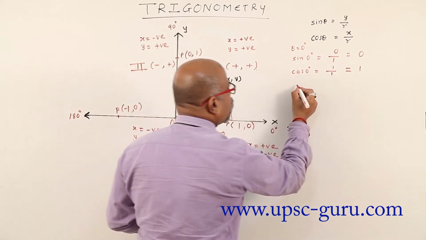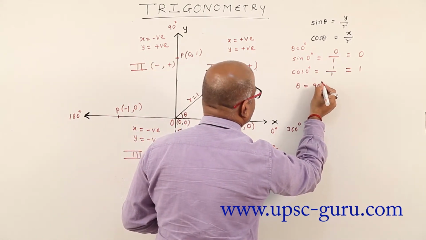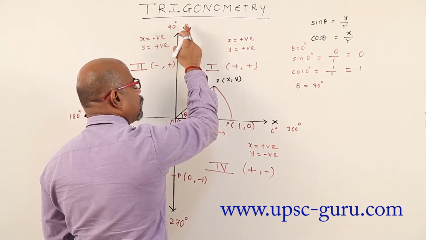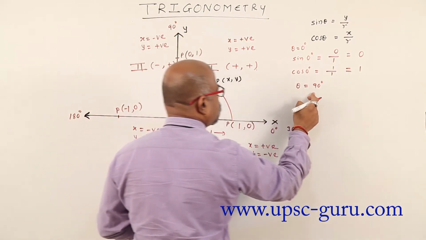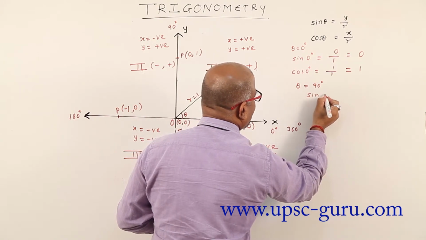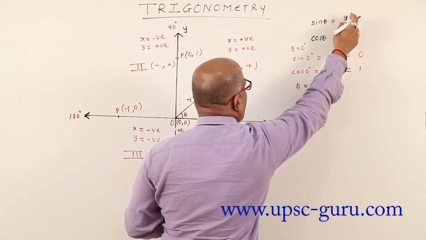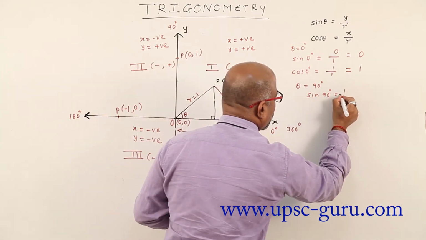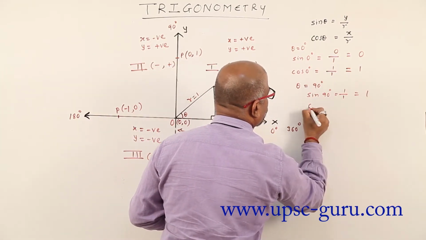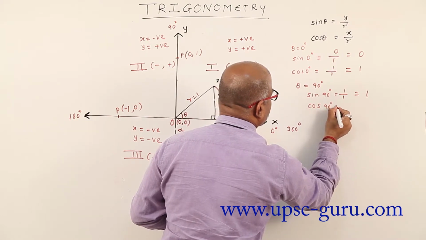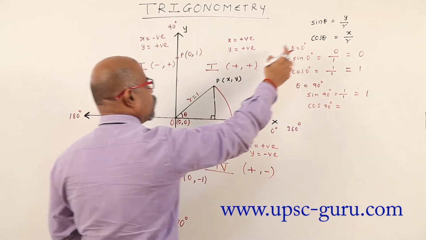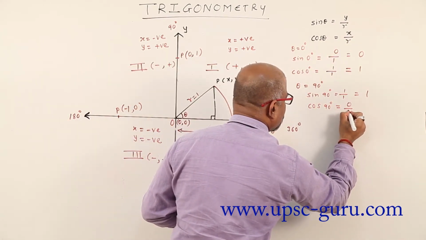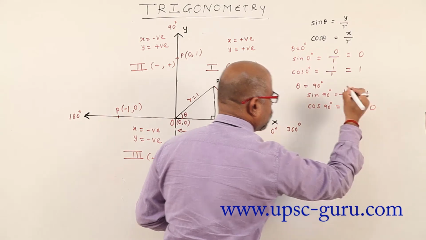Now when theta equals 90 degree, the point P is on the positive direction of the y-axis. Sin 90 degree equals y upon r, y equals 1 and r is 1, we get 1. Cos 90 degree equals x upon r, x is 0, r is always 1, 0 upon 1 is 0.